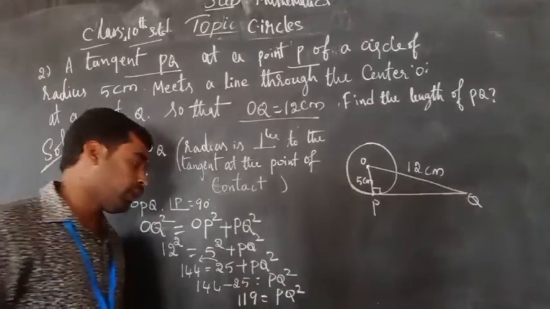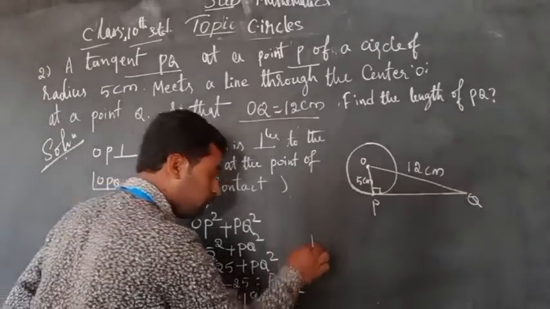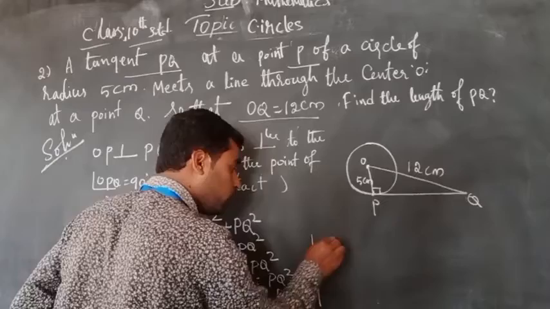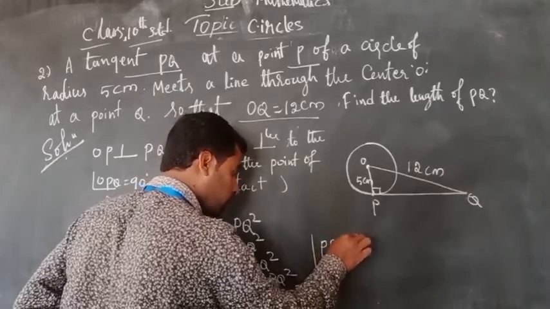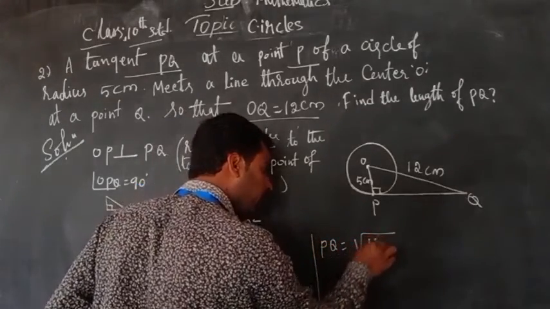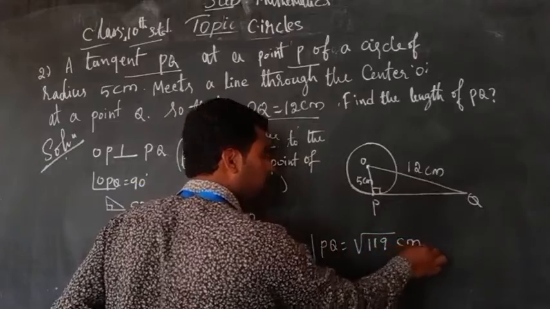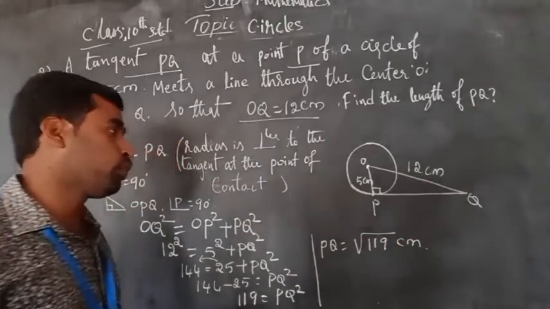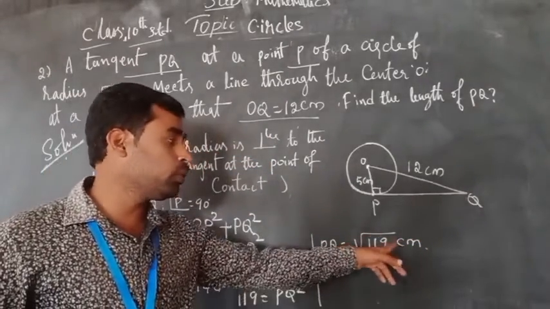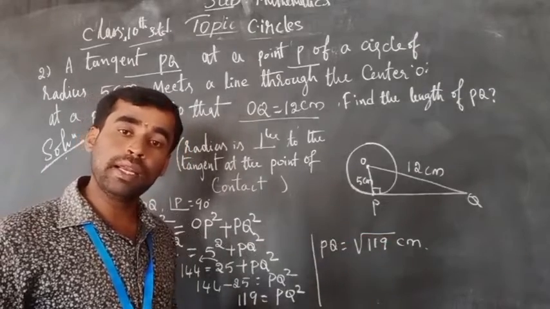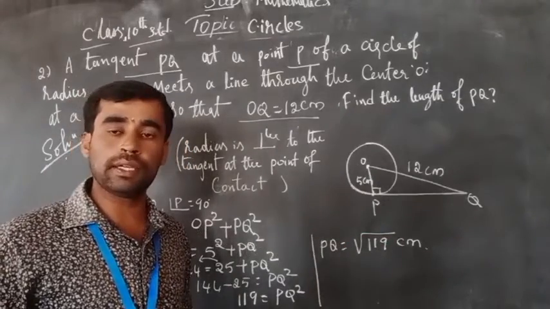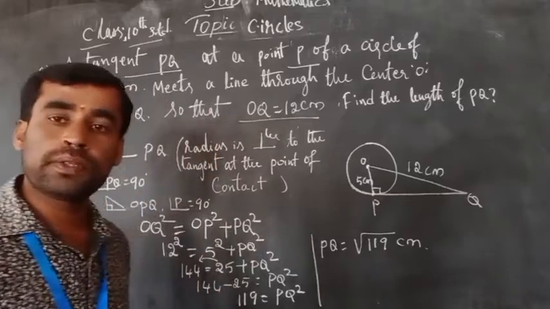Now I will take the square root on this side. Therefore, PQ is equal to square root of 119 centimeters. Therefore, the length of PQ is square root of 119 centimeters. Is it done? Take down this one.